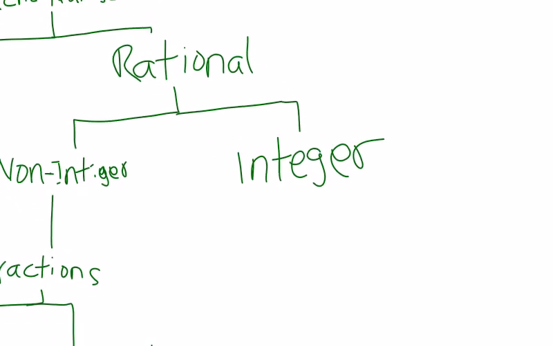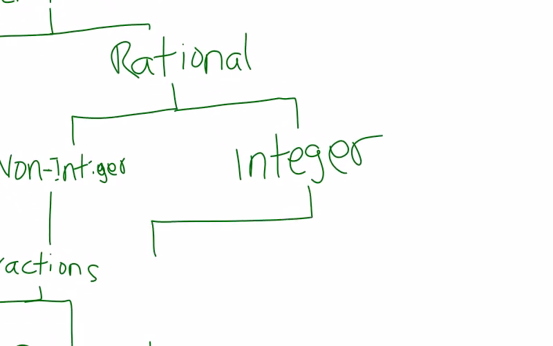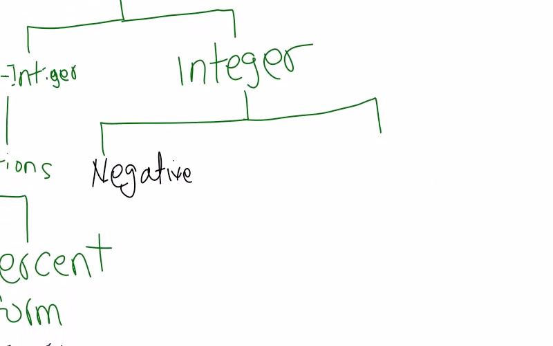What are the examples of whole numbers? We have 3 different kinds. We have negative. Let me write it in black. You have negative integers, which can be written with a minus.